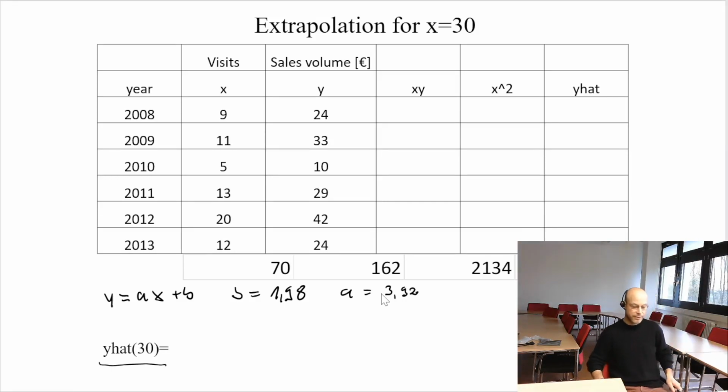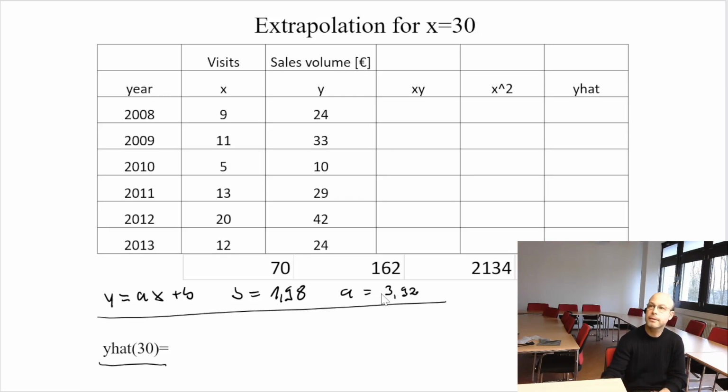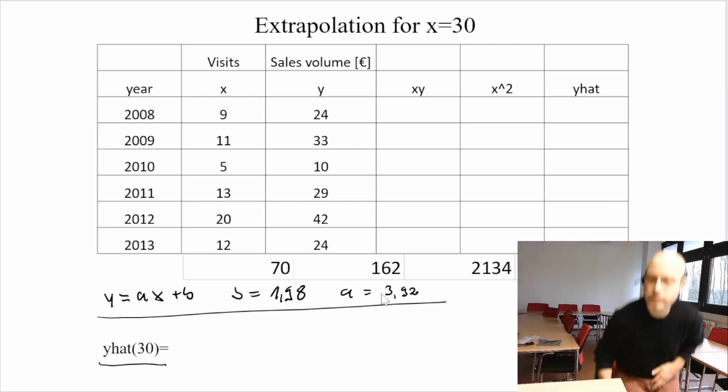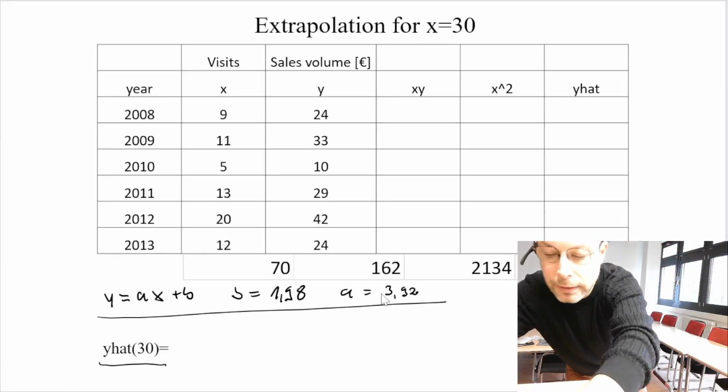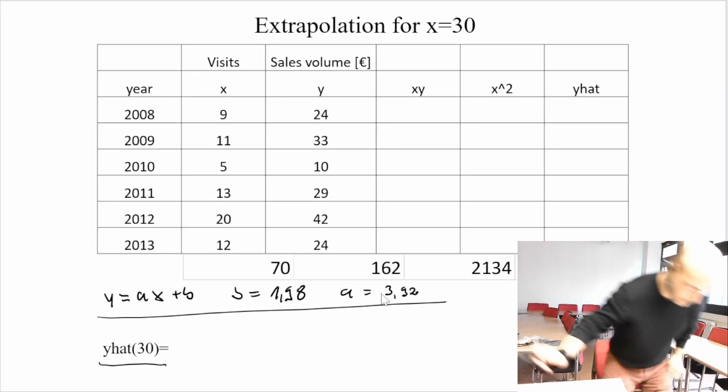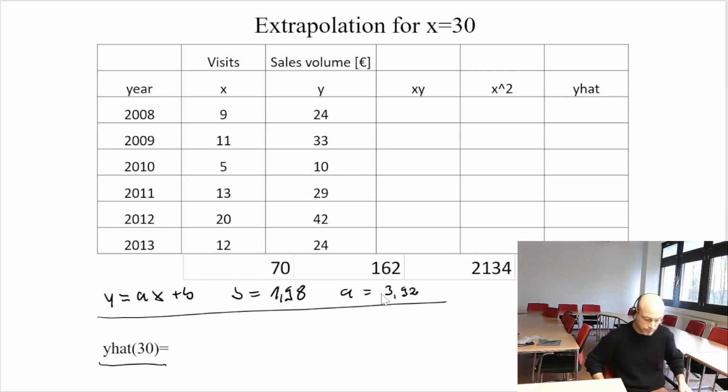So what do I have to do if I want to propose the sales volume of 30 visits when I have done my linear regression? So I have to wait.